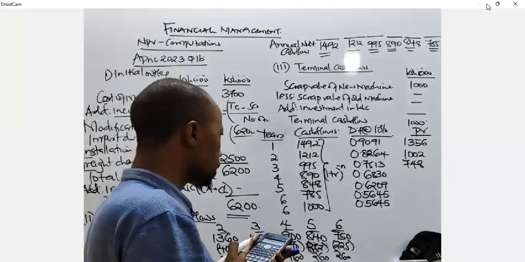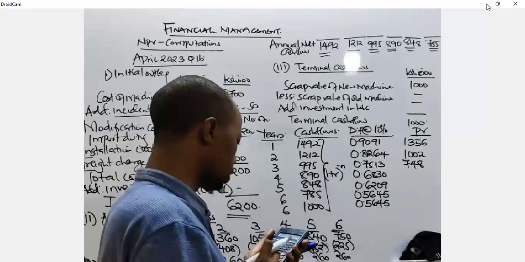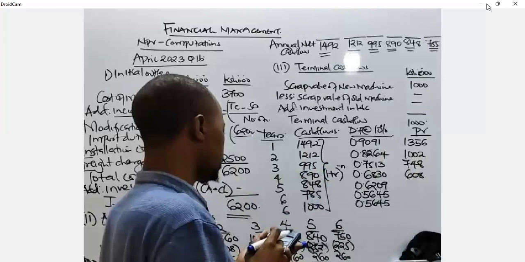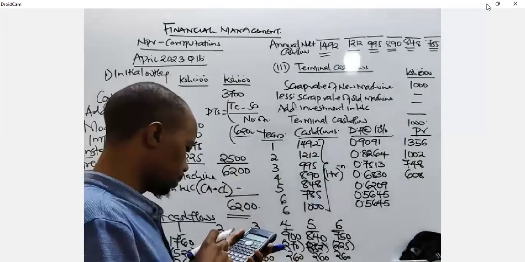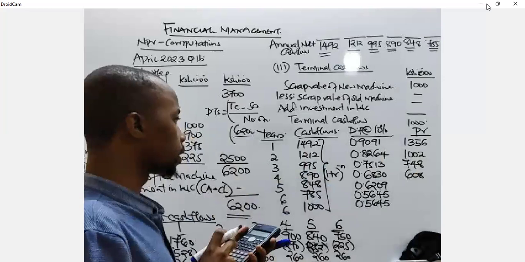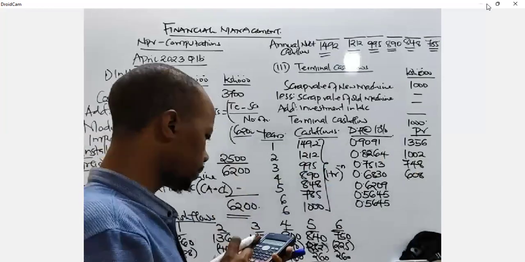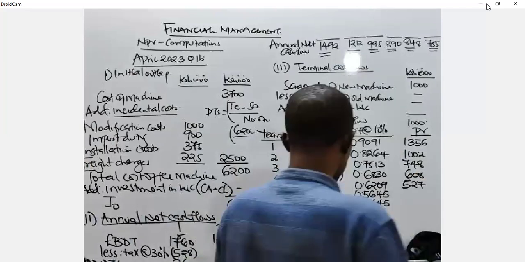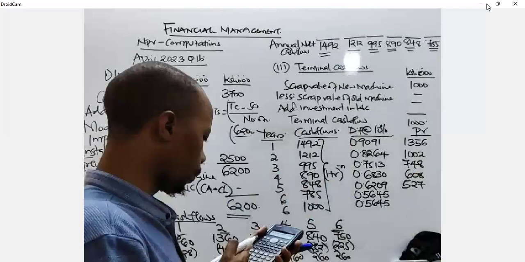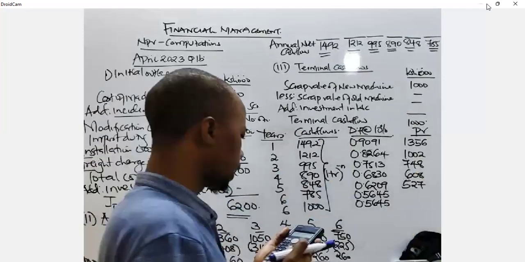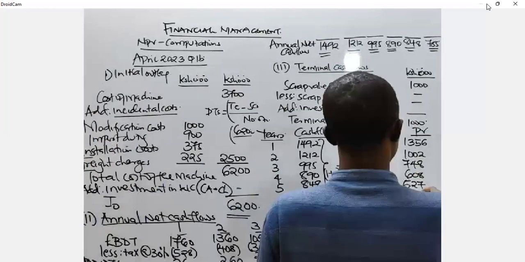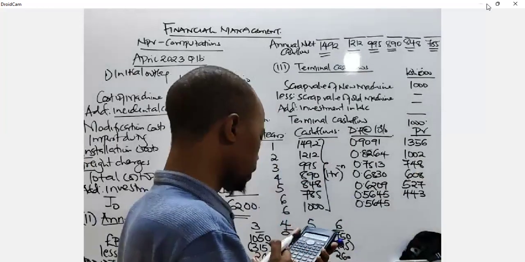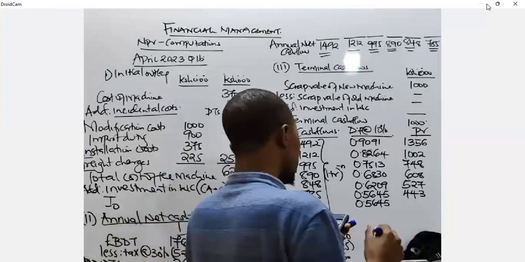We multiply by 0.6830, getting 608. The other one will be 848. We multiply it with 0.6209, getting 527. 785 times 0.5645, getting 443. Then 0.5645, we multiply by 1,000, we get 565.